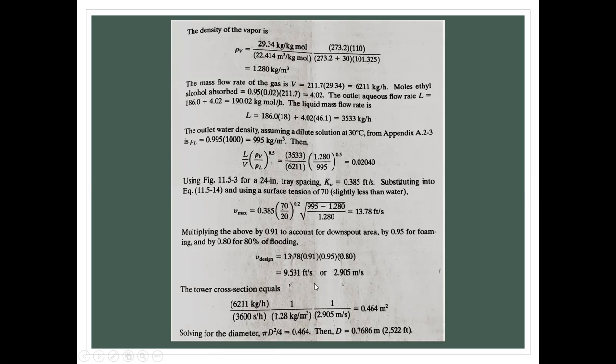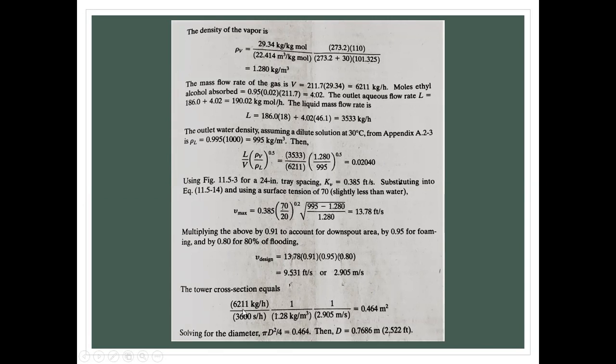Now again, using your thermodynamics to get your cross-sectional area given the linear velocity, you will be needing the volumetric flow rate. So you see the volumetric flow rate here, 6211. The 6211 is for the mass velocity. You just converted it for the time in seconds, so you divide it by 3,600.